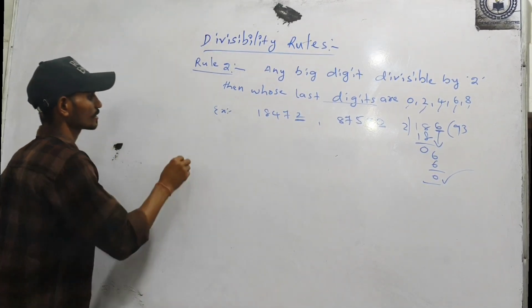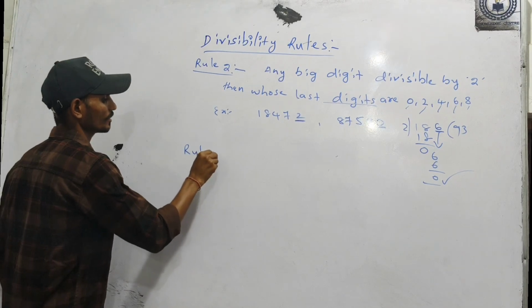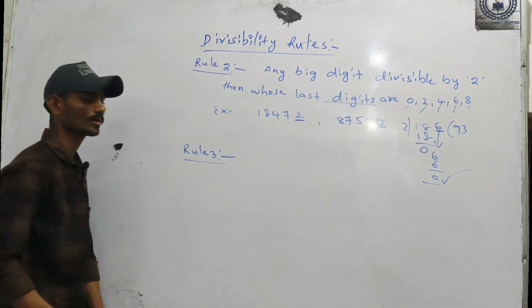Okay, next is rule 3. The divisibility rule of 3.